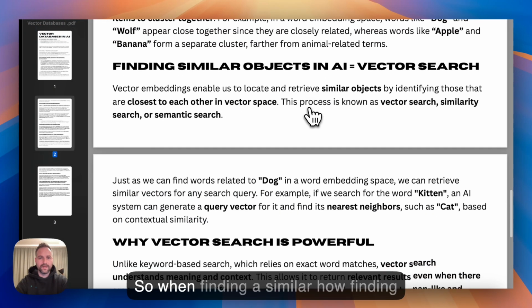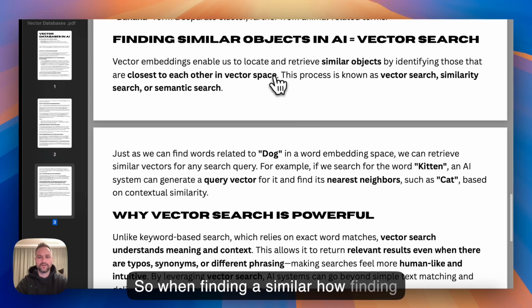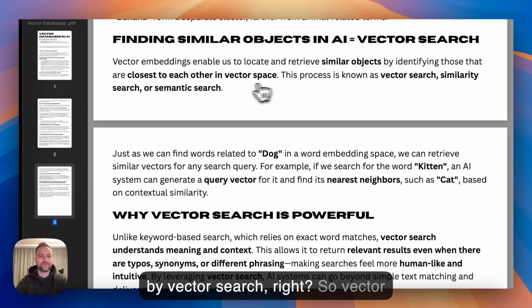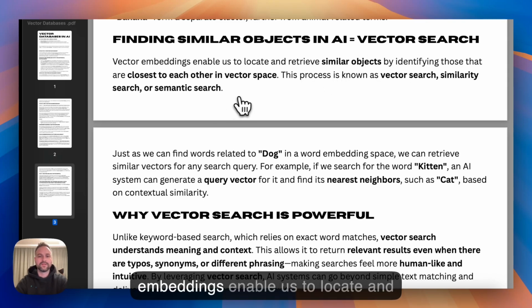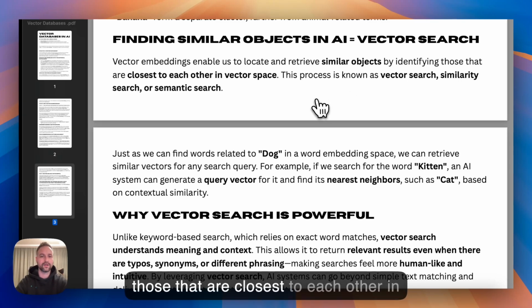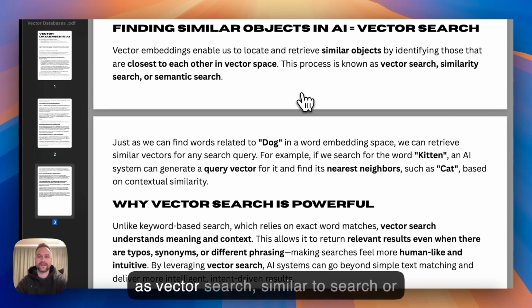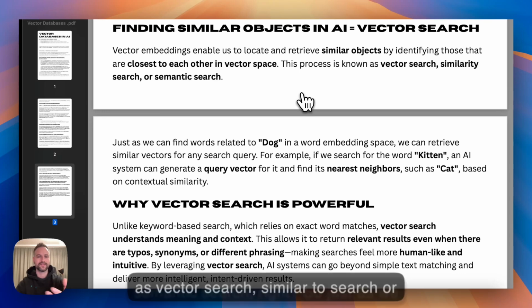So how is finding similar objects in AI done? By vector search, right? Vector embeddings enable us to locate and retrieve similar objects by identifying those that are closest to each other in vector space. This process is known as vector search, similarity search, or semantic search.